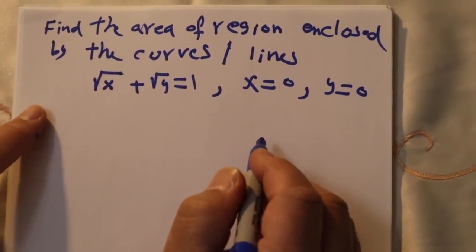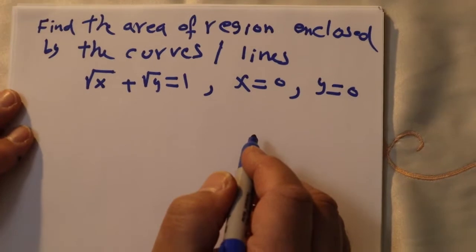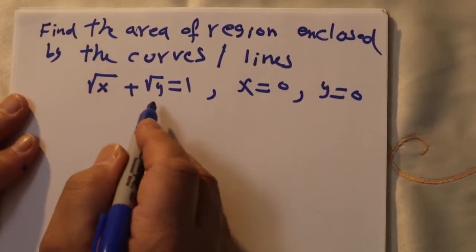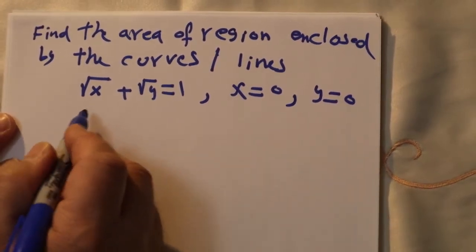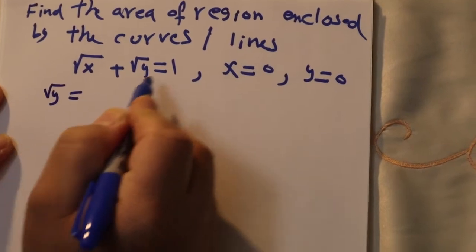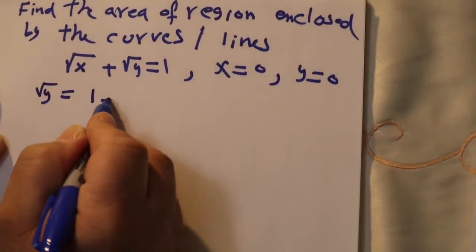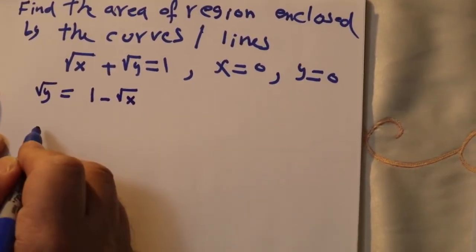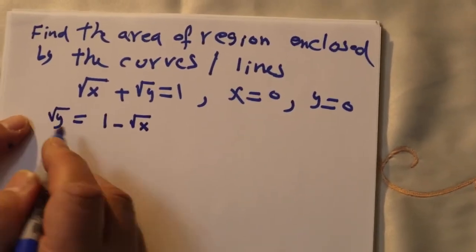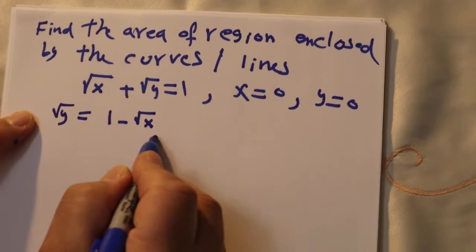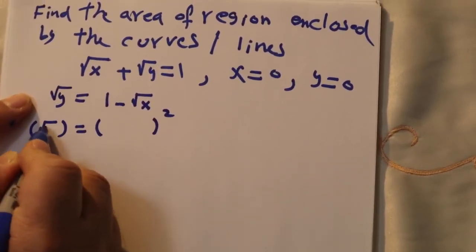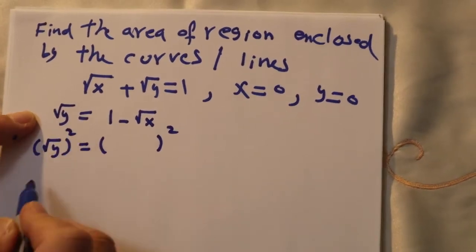So to find the area under this curve, first we need to solve it for y or for x. I think for y would be better. Good idea. So square root of y equals 1 minus square root of x. If you want to eliminate radicals, you raise both sides to the second power.